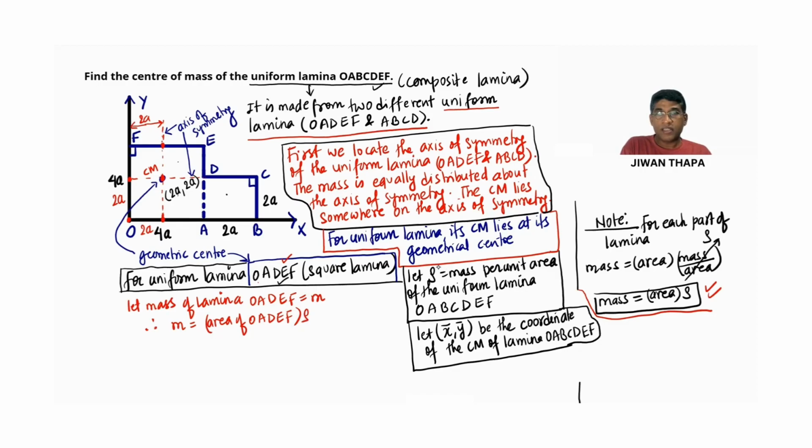Keep in mind this rho is constant throughout the composite lamina. The area of this lamina is 4A times 4A, and we have rho. Therefore, mass M equals 16A square rho.